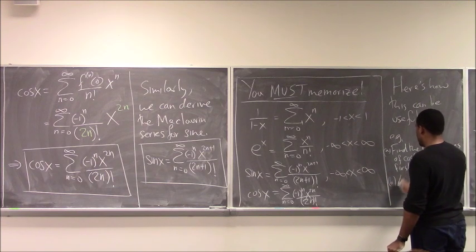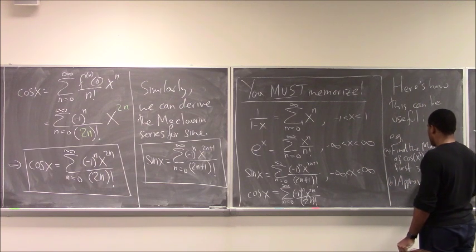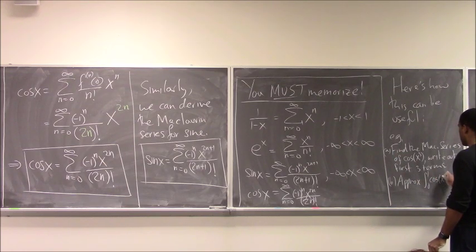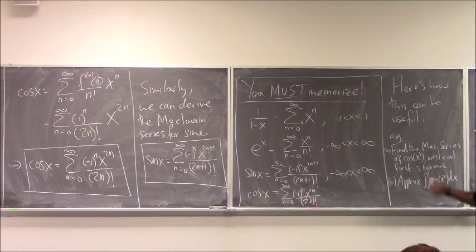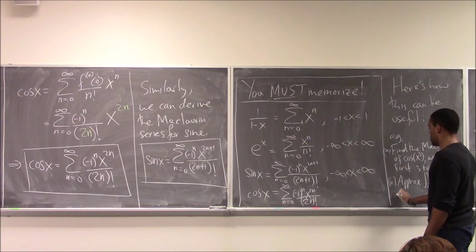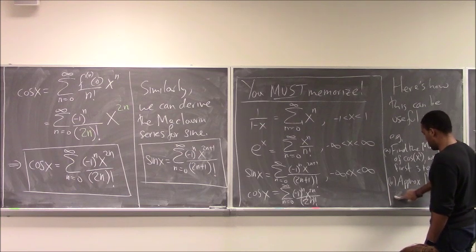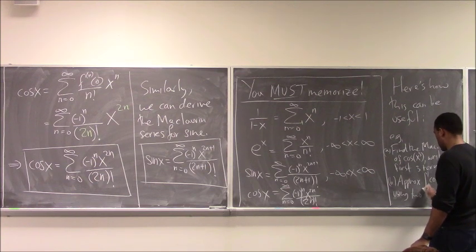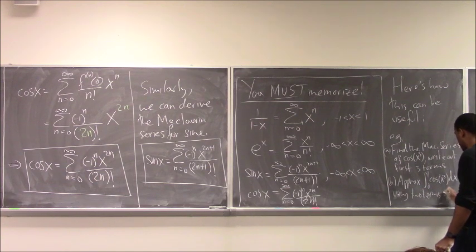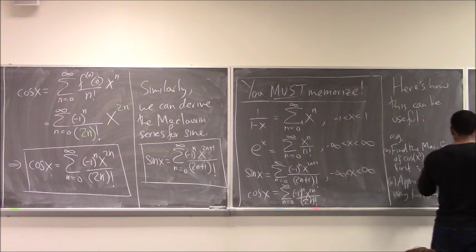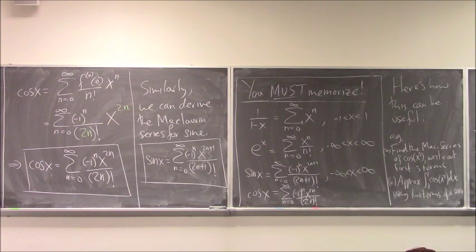B. Approximate this integral from 0 to 1 of cosine of x cubed dx using two terms of an appropriate series. Then I ask you to tell me how accurate your approximation is.